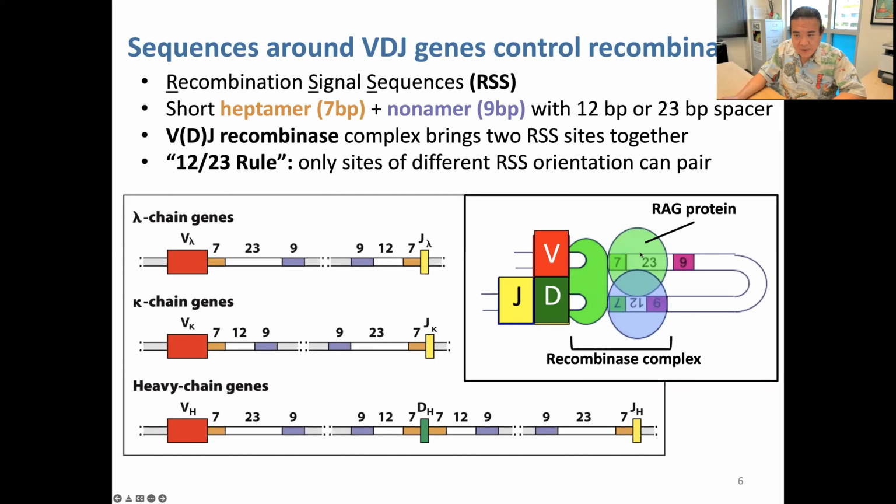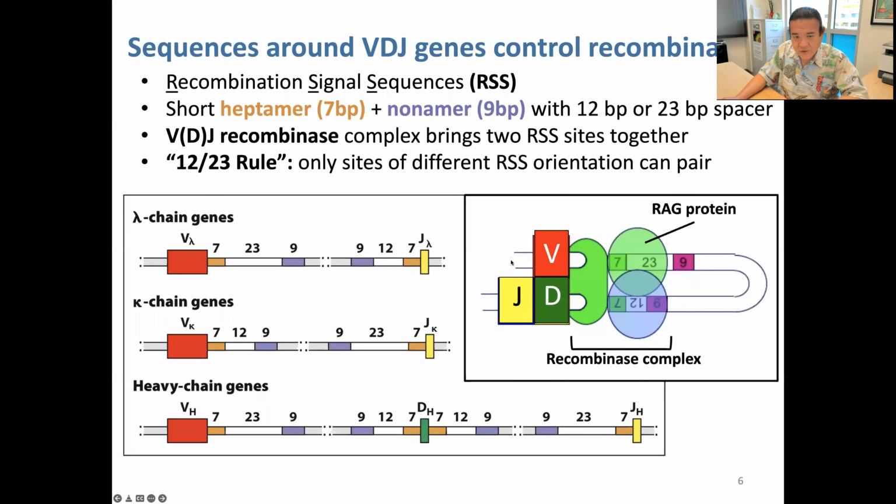The enzyme complex that takes care of this random selection of different colored blocks is the recombinase activation protein complex, or RAG protein complex. So represented here, the RAG complex is these two ovals. Again, what you see is double-stranded DNA.